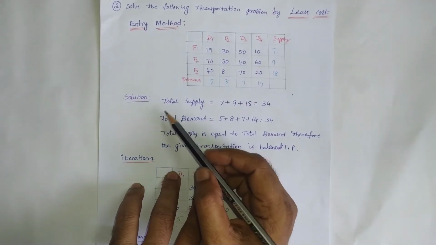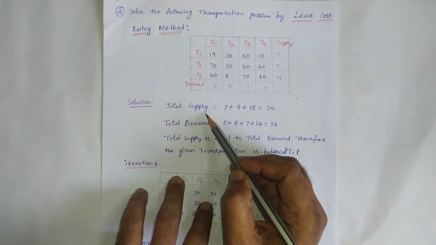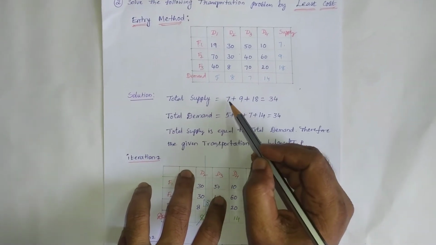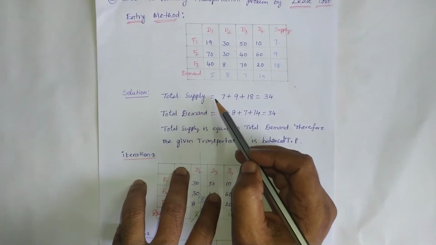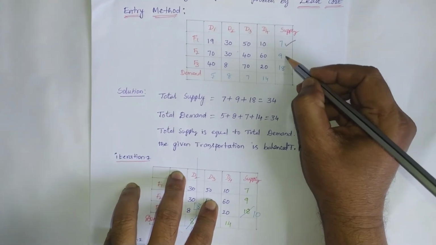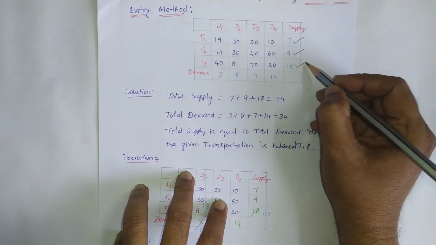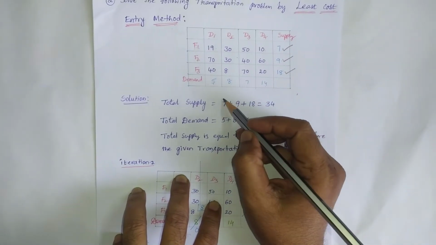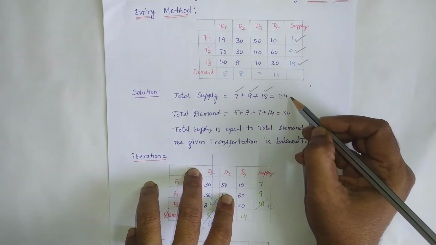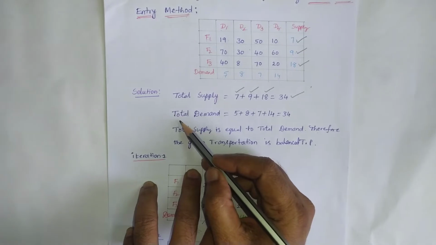Here first we have to calculate the total supply. Total supply equals 7 plus 9 plus 18, which equals 34.